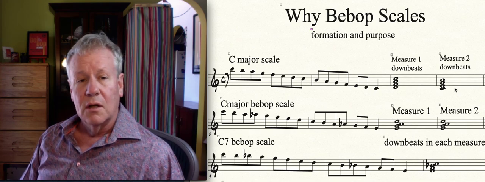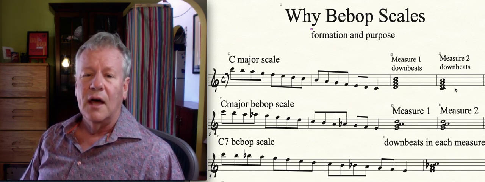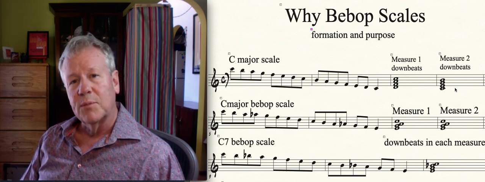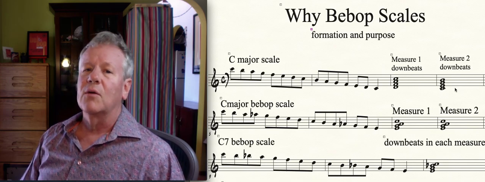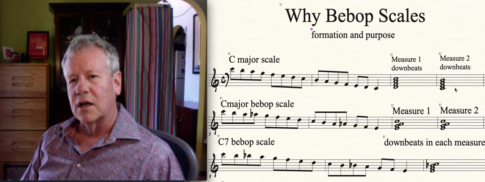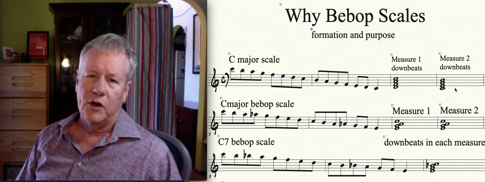However, if you added a half step between A and G in the C major scale, or a half step between the 5th and the 6th, then what you have is something that repeats itself in both octaves and actually spells a chord, and is the kind of thing that jazz players play.